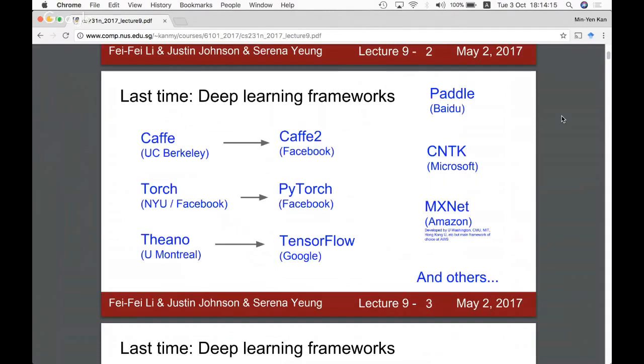Last time, we talked about deep learning frameworks like Caffe, PyTorch, and TensorFlow, and most of the frameworks are developed and maintained by big internet and software companies. You may have noticed the news several days ago that Yoshua Bengio announced that Theano will stop maintenance and development on September 29.